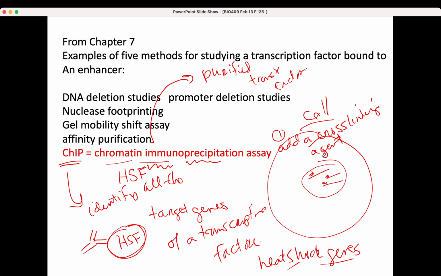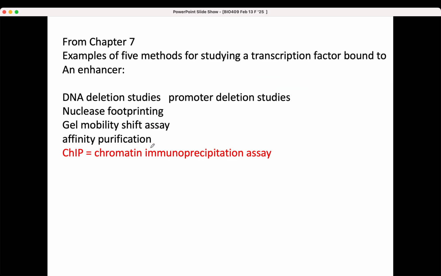So you do it briefly, and some of the HSF is going to be covalently cross-linked to the DNA that it's bound to. In this case, of course, you have to use this cell after it's had a heat shock, so the HSF trimers are bound to the DNA of all the target genes. So that's the first step, and I'll just keep drawing on this surface here.